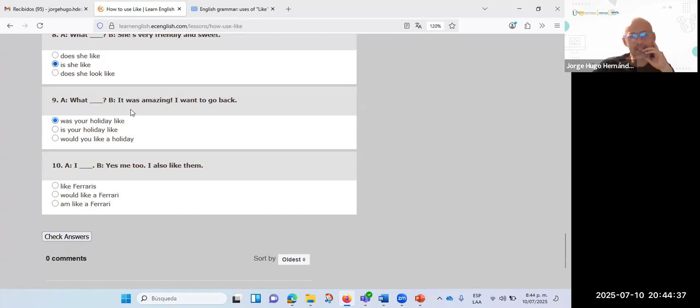But in this case, we have to pay attention that these two options are practically the same, verb to be and like. What is the difference? Past and present.